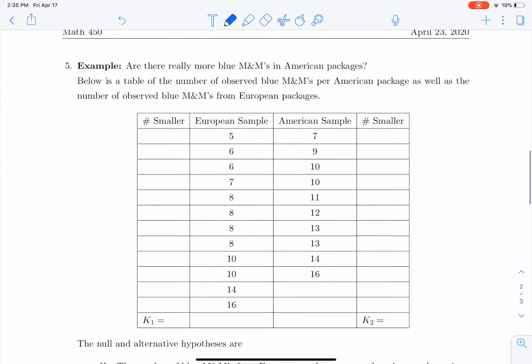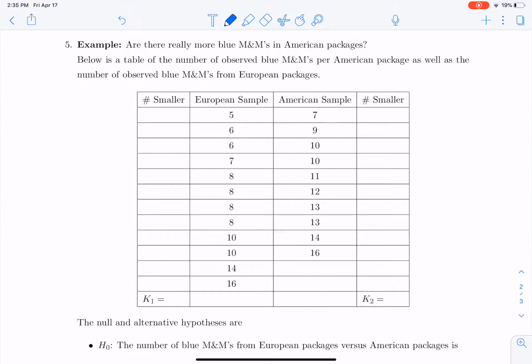The example I would like to give asks the question: are there really more blue M&Ms in American packages of M&Ms? Below, you'll see a table of the number of observed blue M&Ms per American package, as well as the number of observed blue M&Ms from European packages.